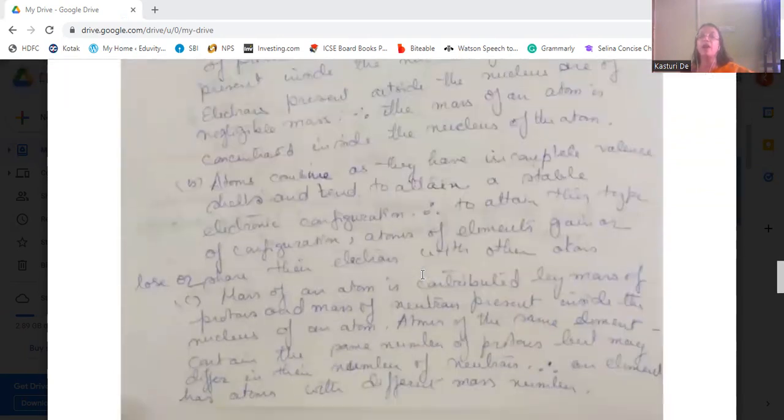Yes, atoms combine as they have an incomplete valence shell. Atoms generally have an incomplete valence shell, except the noble gases. All of them have incomplete valence shells, to form their octet. So they need to either transfer electrons, that is gain or lose, or share electrons to form a stable electronic configuration.